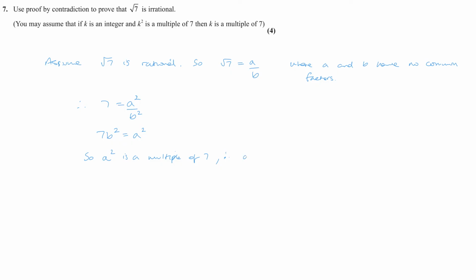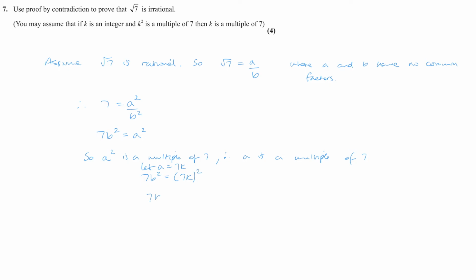Therefore A is a multiple of 7, which is what it tells us we can assume in the question. So now we can let A equal 7k.